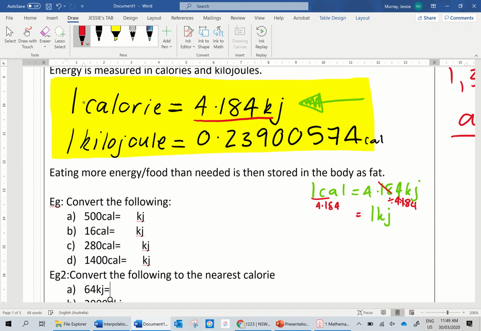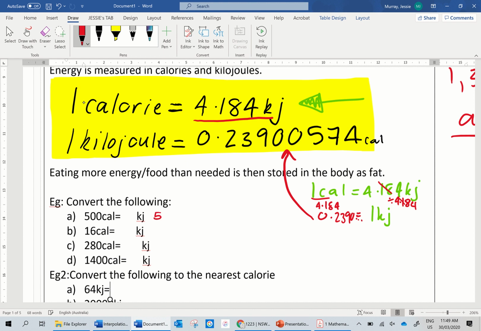I get my 1 kilojoule, and 1 divided by 4.184, what do you know, is 0.2390, and so on, which is that number here. So you can get to that. You don't have to remember both. Otherwise, do remember both. So 1 calorie is 4.184 kilojoules, so 500 calories.